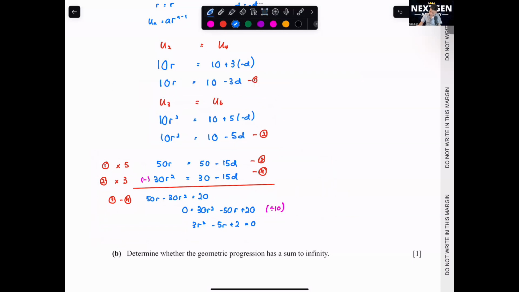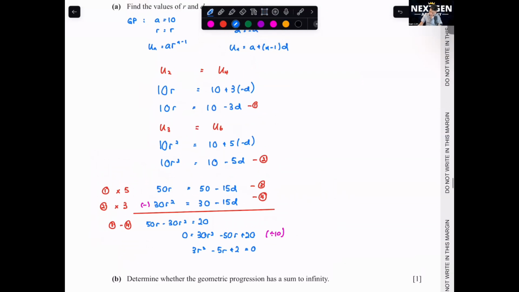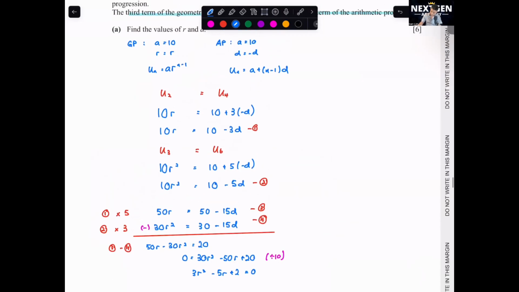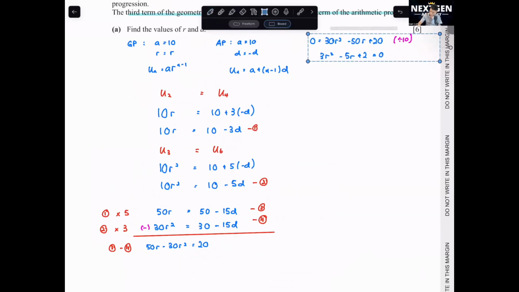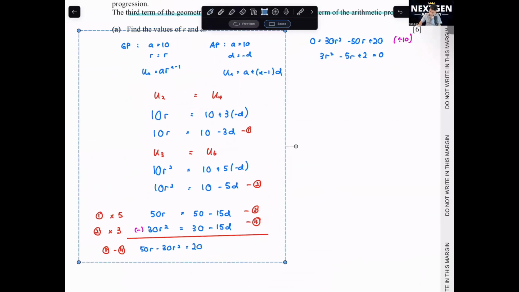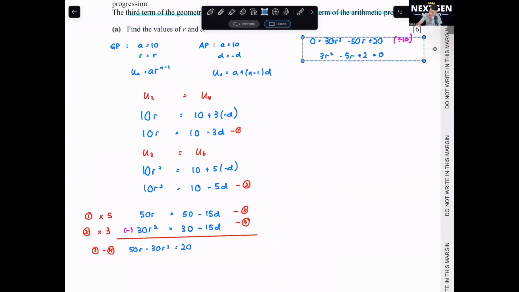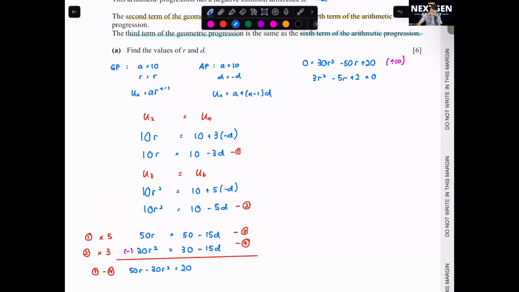Okay, let's bring it up over here. So 3R squared minus 5R plus 2, we factorize this. This will be 3R and R, 3R minus 2, and then minus 1 here.